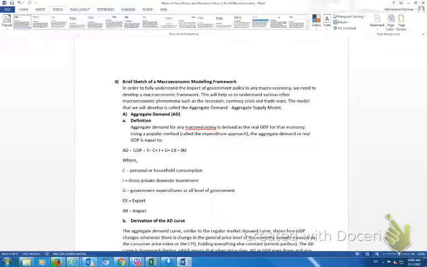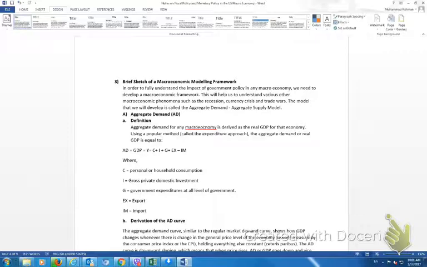The model that we are going to develop is called the aggregate demand, aggregate supply model. I would like to provide you with a brief sketch of the model because the actual discussion is much more rigorous in your traditional macroeconomics course. So let's look at that.